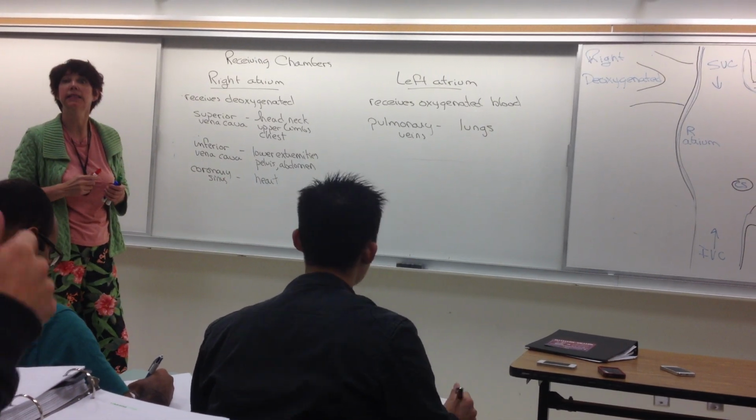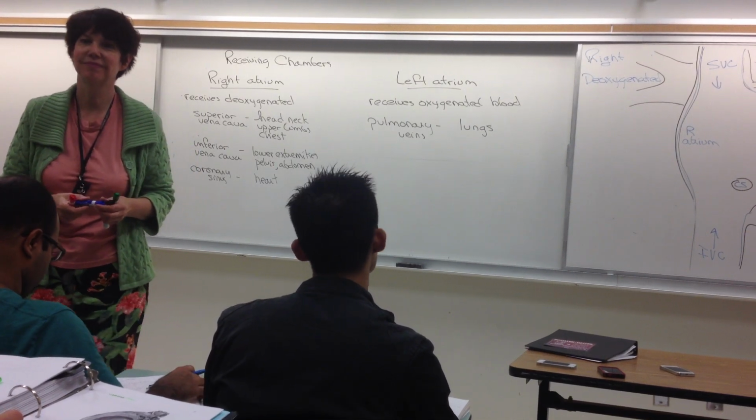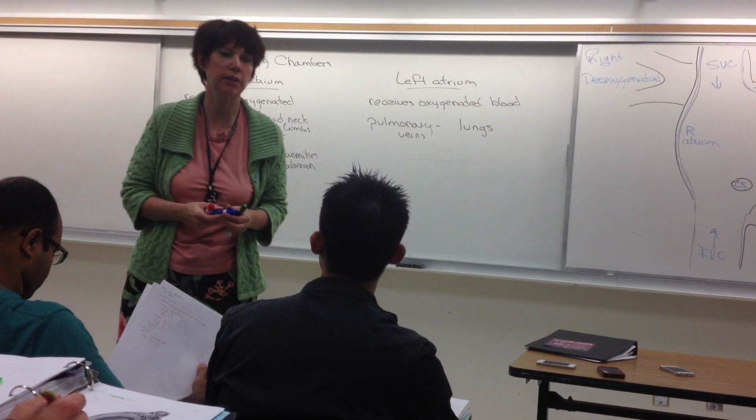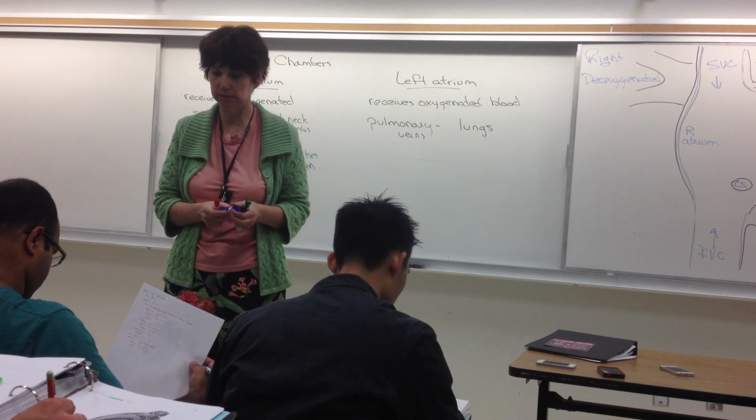Part of it. It says in your reflection that it receives deoxygenated blood. From the left atrium? Yeah. Okay, on the left, that would be wrong. That's wrong. So on your online notes, left atrium receives oxygenated blood.